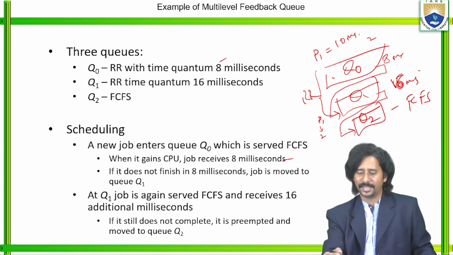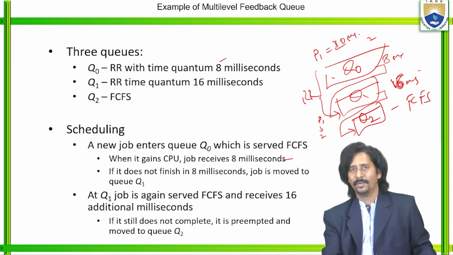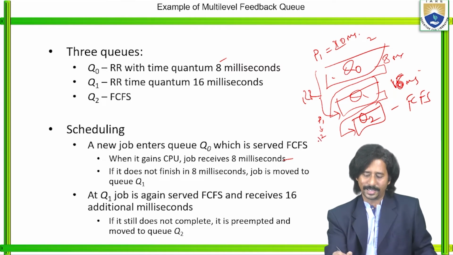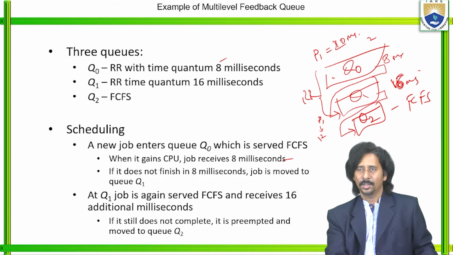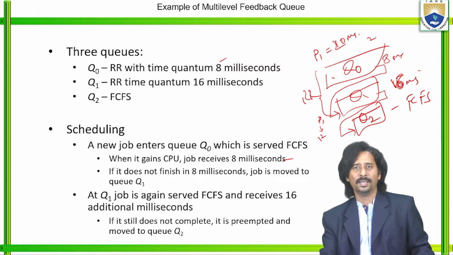For example, instead of 10, let us take 20. At the first round 8 milliseconds are completed, then the remaining 12 milliseconds are there. Within that 16, it completely executes that process.